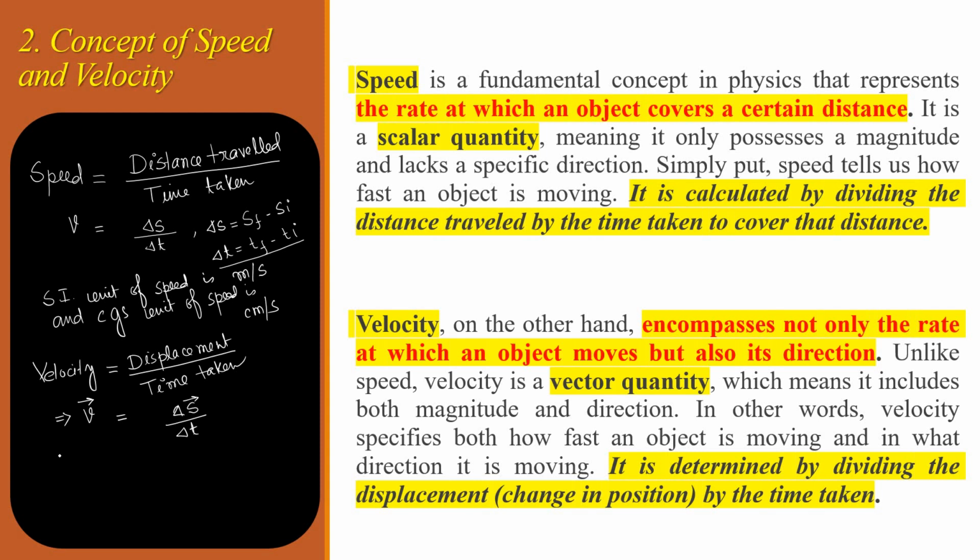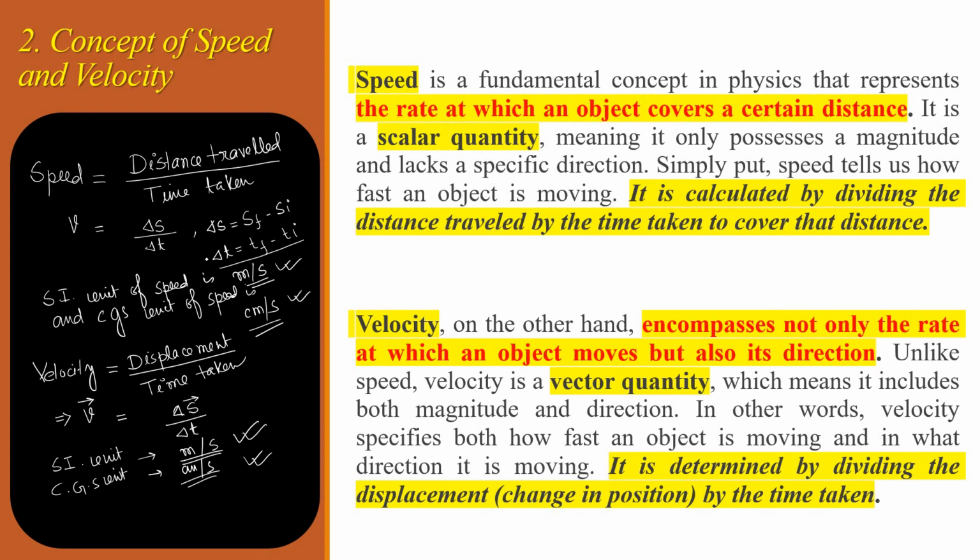Its SI unit is similar to speed, meter per second, and the CGS unit is centimeter per second. So if we consider the unit of speed and velocity, we see that there is no difference. So by seeing the unit, you cannot define whether it is a speed or a velocity.